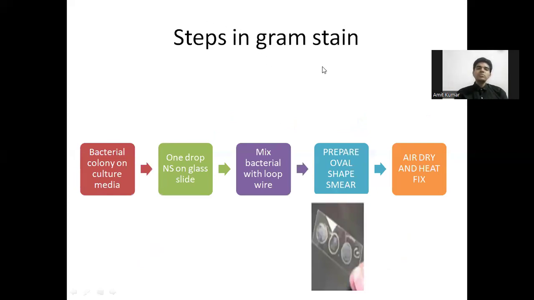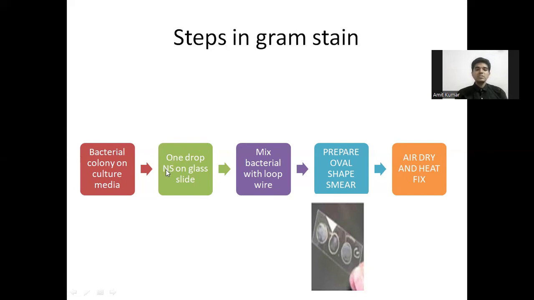So before proceeding with gram stain, what are the things that are required for this gram stain? So first thing is that we require a bacterial colony. Bacterial colonies are isolated on culture media. Then the next step, one drop of normal saline.